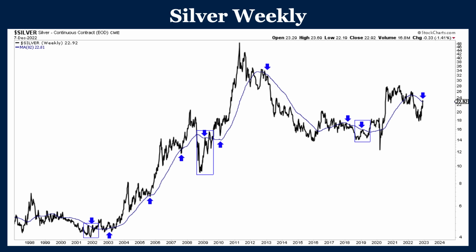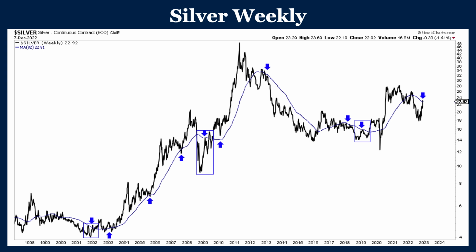So look, it happened at the end of 2001. You can see a couple times it tested the moving average, then it finally broke through in early 2002. If you look at late 2008, obviously the crash, and then you had the big rebound. It consolidated a little while, but was able to break above that moving average.